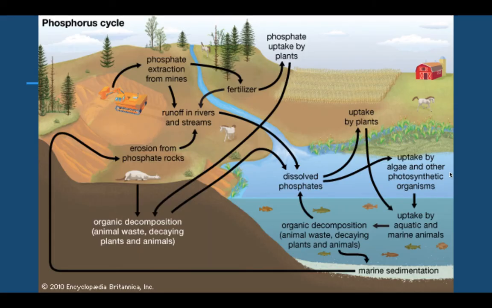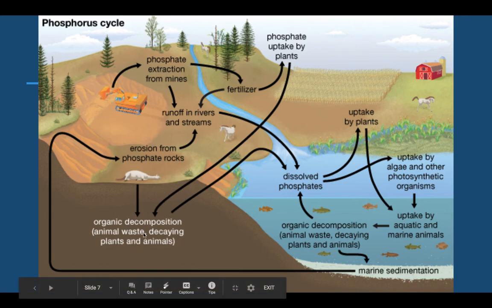So let's take a look at the whole of this cycle. Again, you notice where plants can take the phosphorus in, that those plants are then going to be eaten by these organisms. When those organisms die, the phosphorus returns into the soil.